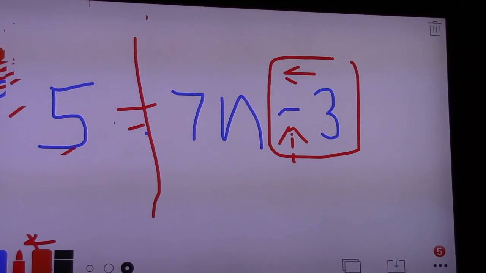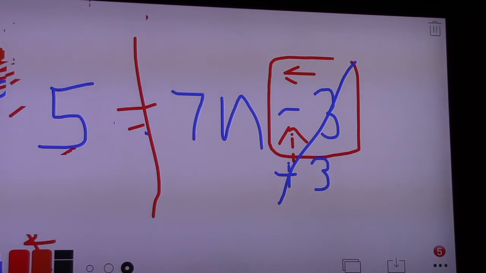So if I'm minusing 3 from 7n, the way to undo that is to add 3. When I add 3 back in, I'm creating 7n minus 0, which essentially gives me 7n once again.